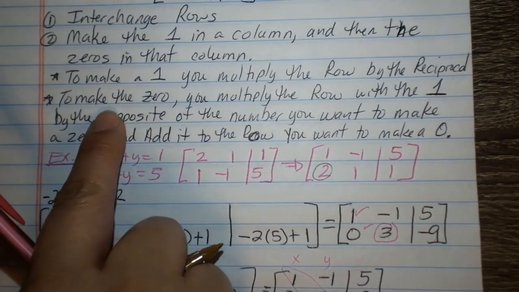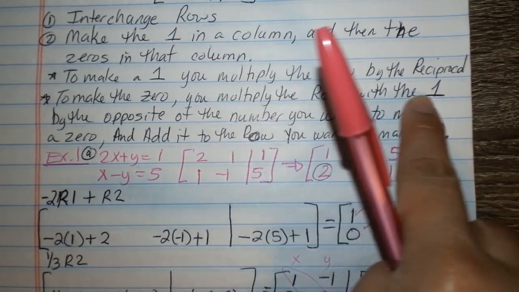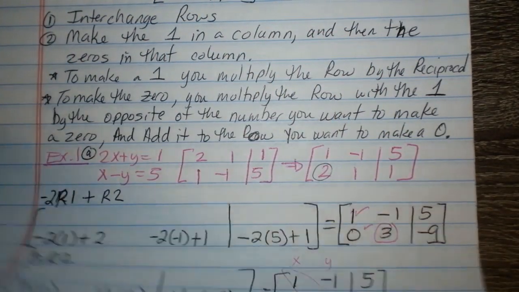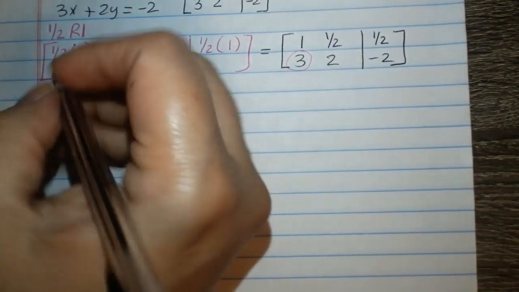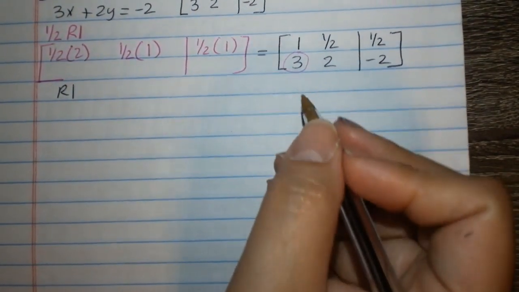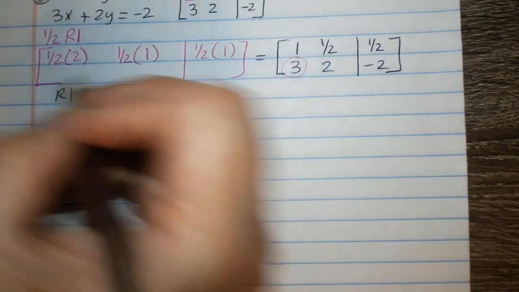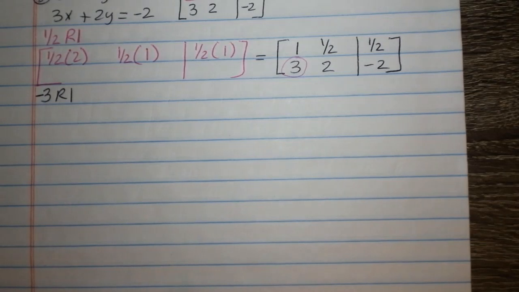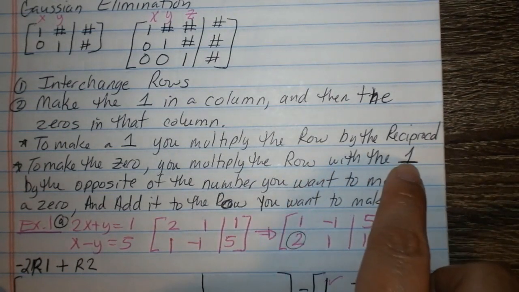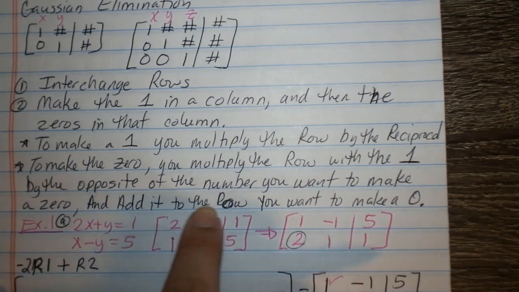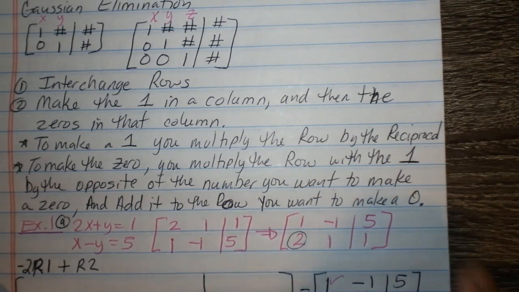Let's read the instructions again. To make a 0, you multiply the row with the 1 by the opposite of the number you want to make a 0. So which row has a 1? Row 1. What's the opposite of the number that I'm trying to make a 0? The opposite of 3 is -3. Then add it to the row where you want to make the 0.